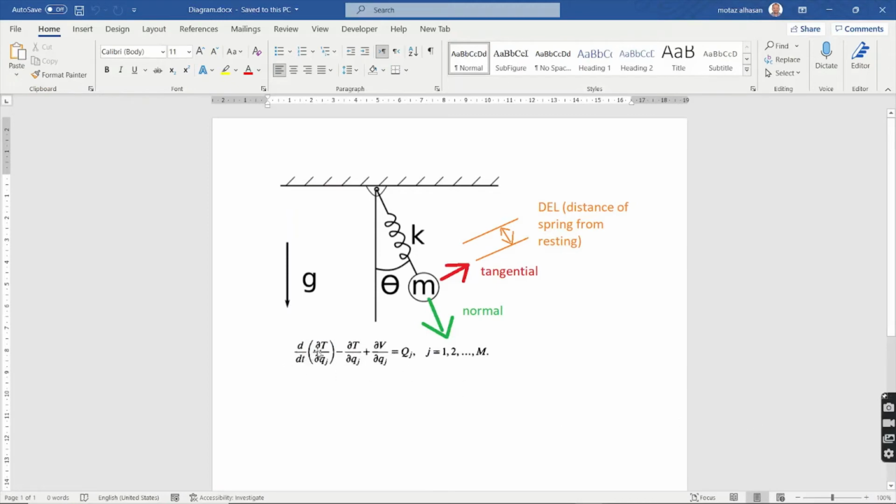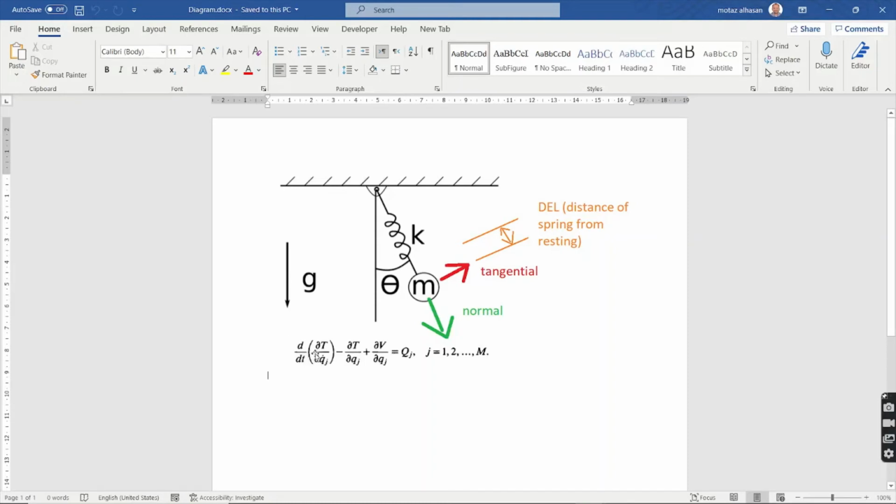Here we derived the terms T and V, kinetic and potential energy respectively. Next we need to find the partial derivative of the kinetic energy with respect to Q dot, which is the same as theta dot, and we need to find the time derivative of that.